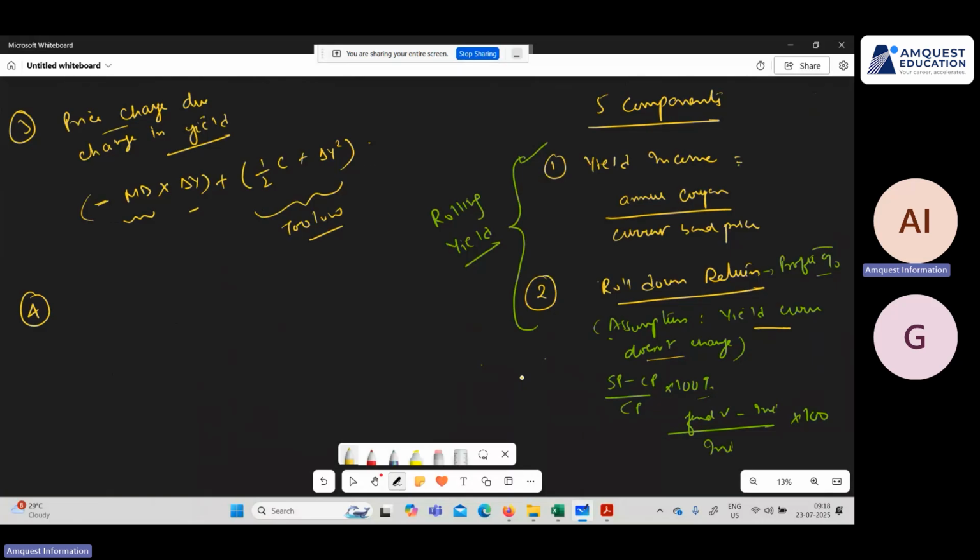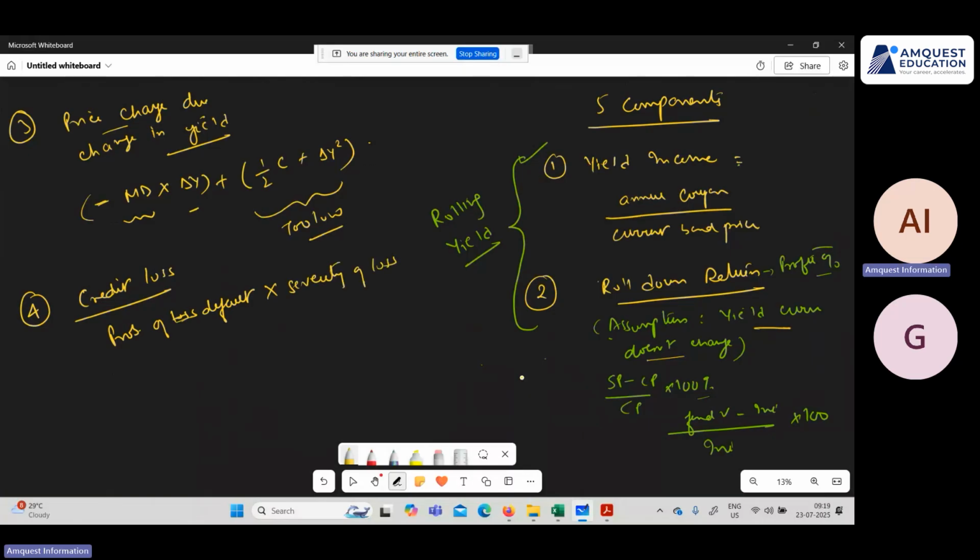The next one: maybe there are some defaults, so you have credit losses. That is the probability of default multiplied by the severity of loss.